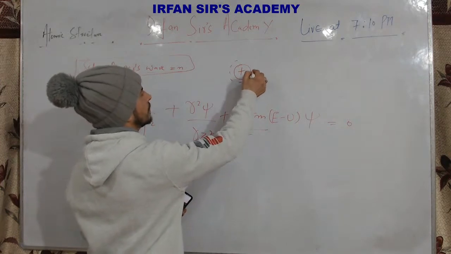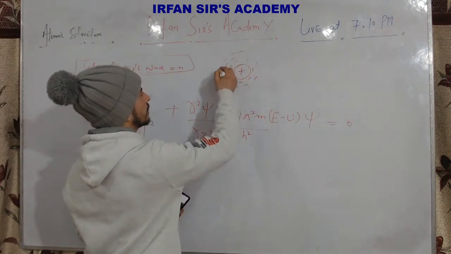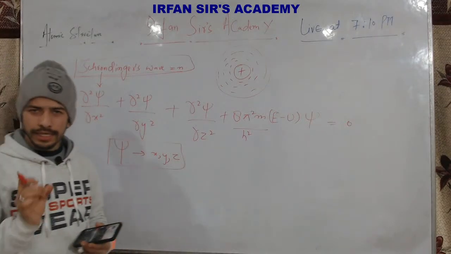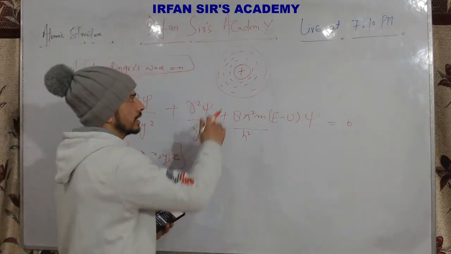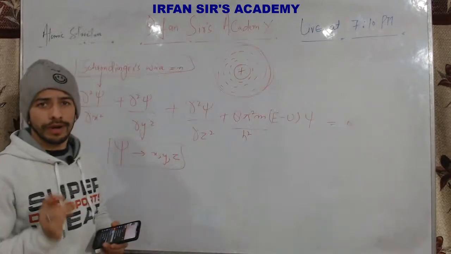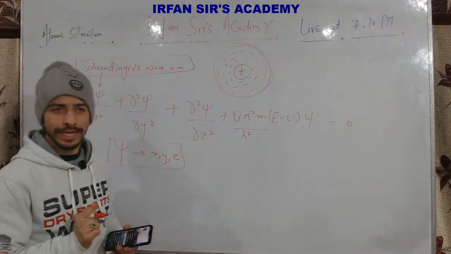An orbital is an electron cloud around the nucleus. It is a three-dimensional region in which the probability of finding an electron is maximum.